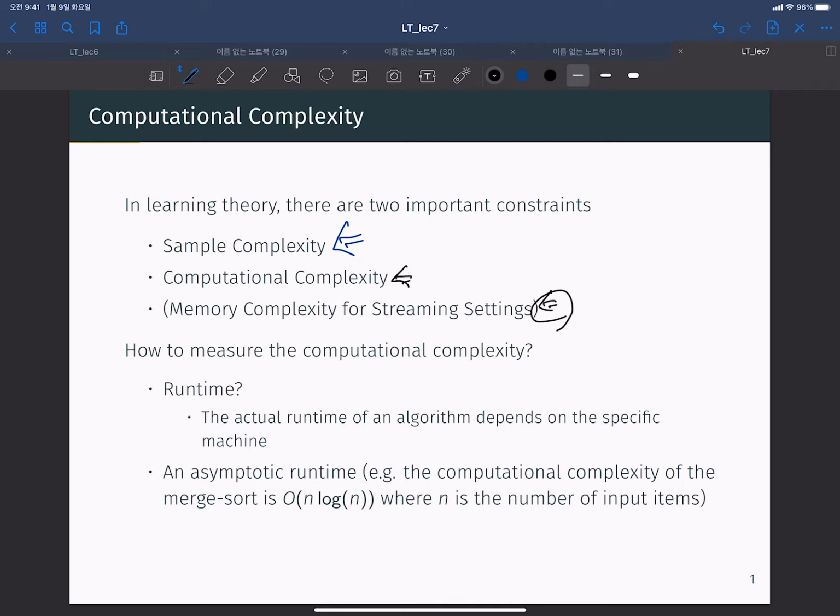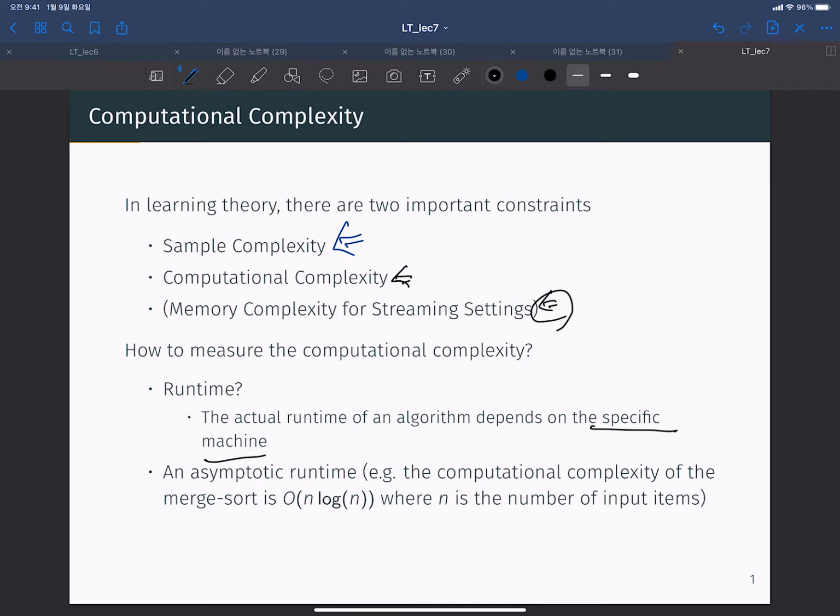But the problem with such a real physical runtime is that the actual runtime of an algorithm depends on the specific machine. If you use a supercomputer, then maybe we need a very short time. But if you use a very old computing machine, then it requires a huge time. And also some source code can be optimized for a specific machine.